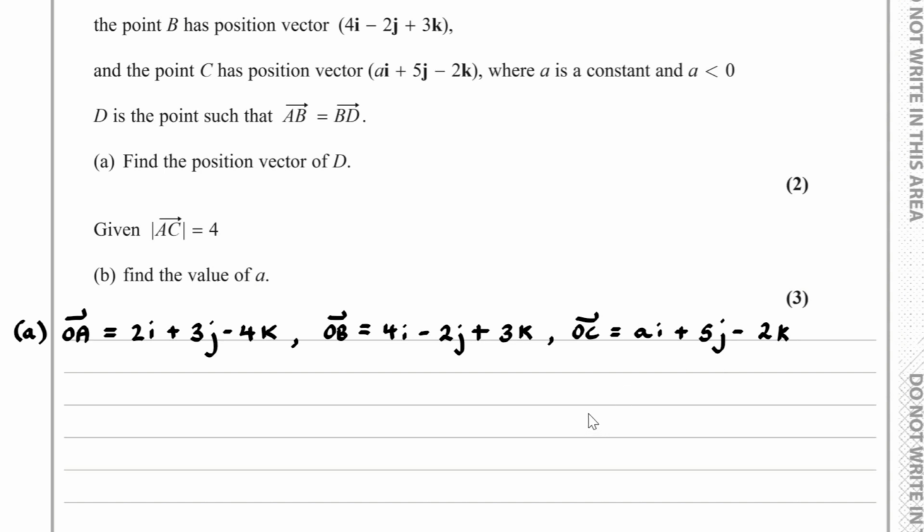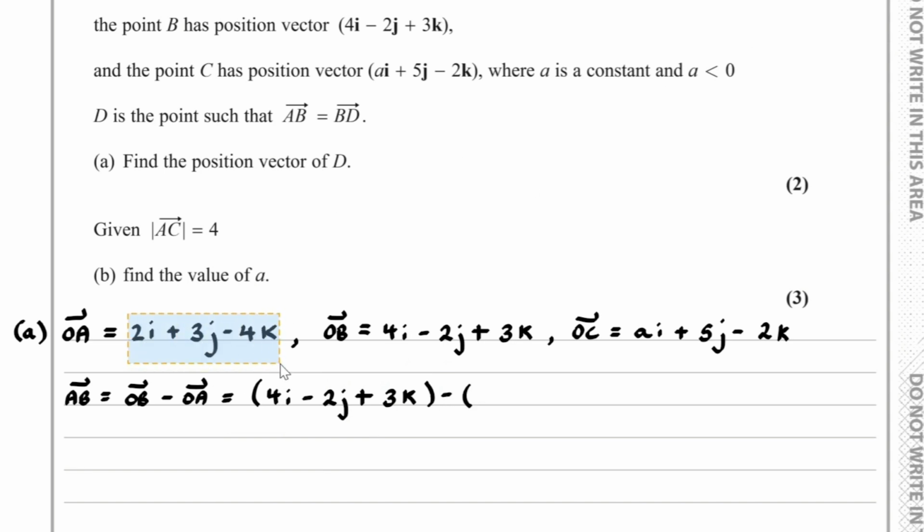And what we can do is find out what the vector AB is. The vector AB is equal to the vector OB subtract the vector OA. So I've got the vector OB, which is this vector here, and from this I subtract the vector OA, which is this vector here.